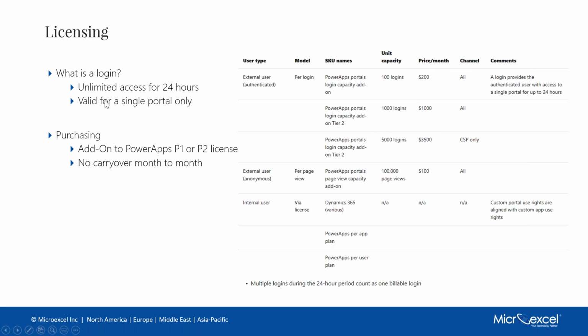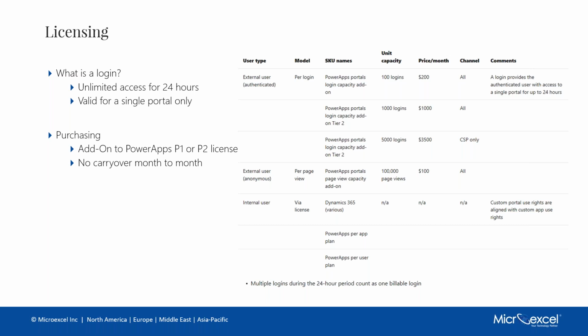Okay. Now, what is a login? It's not each time the person logs in. It is unlimited access for 24 hours. So if I log in now, and then 5 minutes later I've closed the browser and I log in again, that's a single login. A single login, unlimited access for 24 hours. But it is only valid for a single portal.